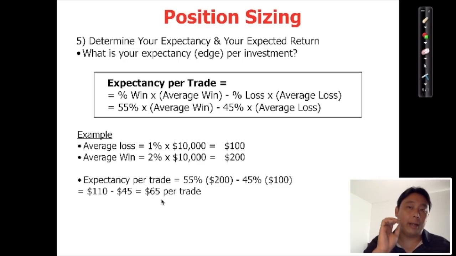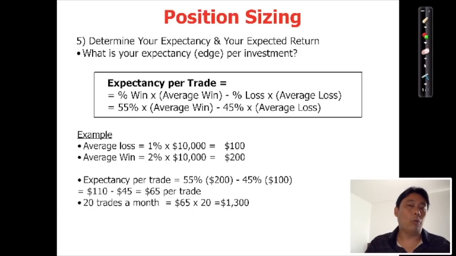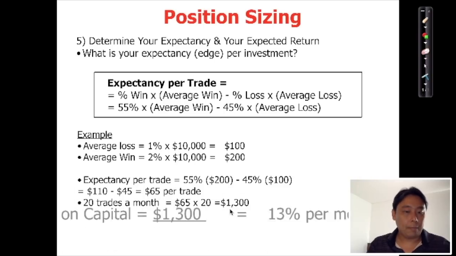This is what we call a trading system with a positive expectancy, which means that if you keep trading the system in the long run, you make an average of $65 per trade. But you never know when the wins and the losses will come, of course, right? So in other words, on average, if you do 20 trades a month and you multiply that by $65, on average, you're making $1,300 in profit a month, okay?